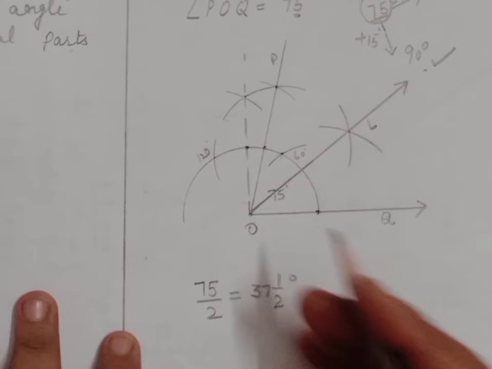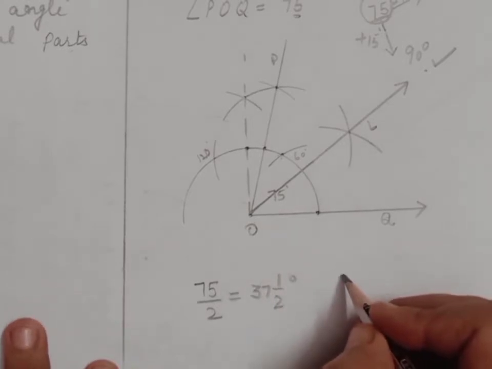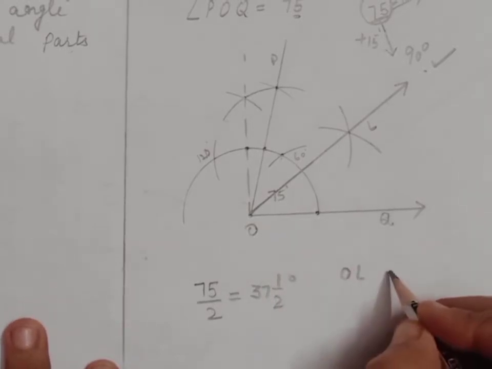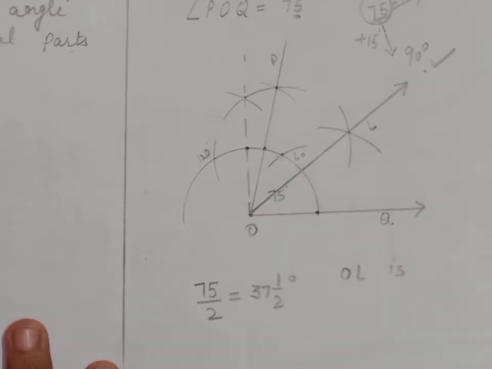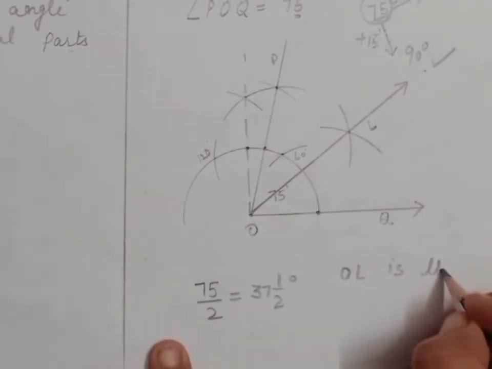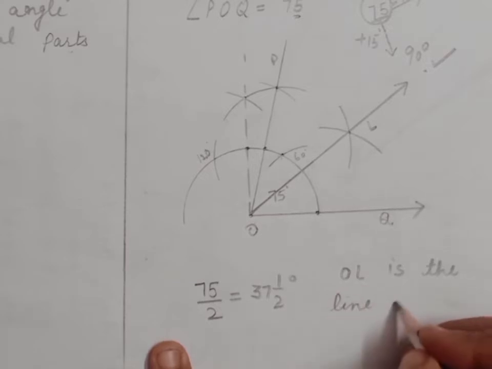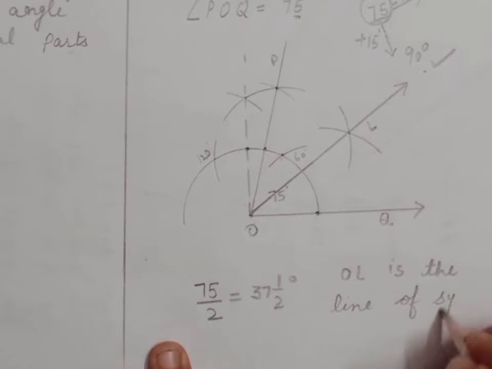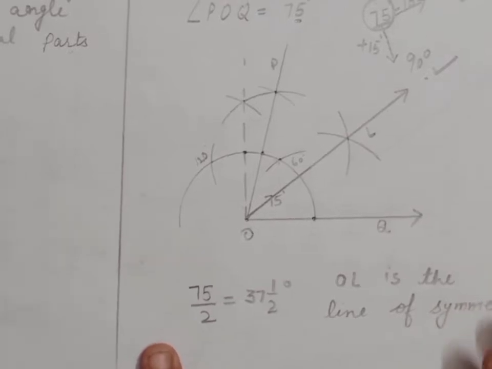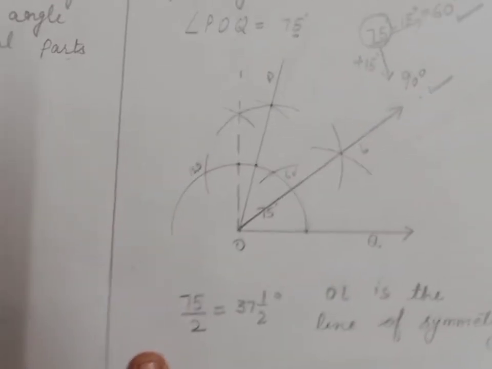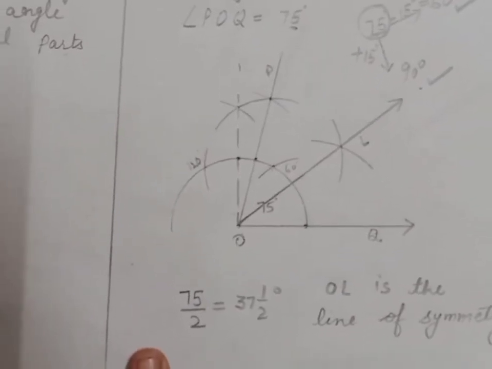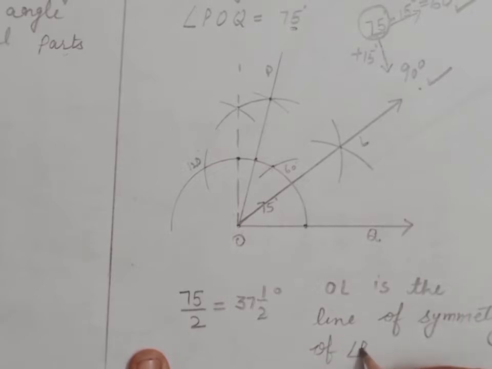So you can write here, OL is the line of symmetry of angle POQ.